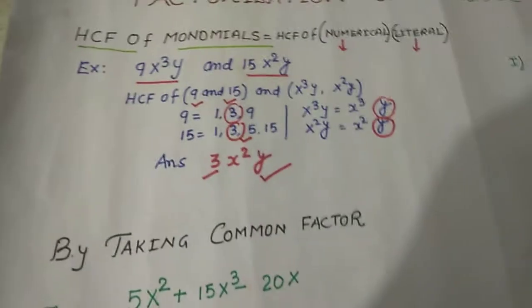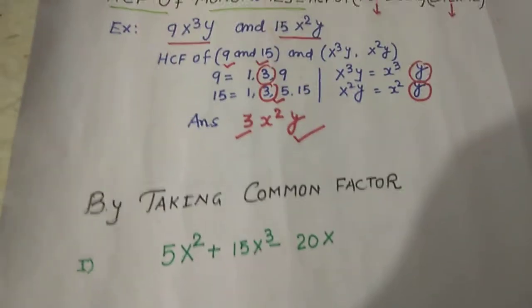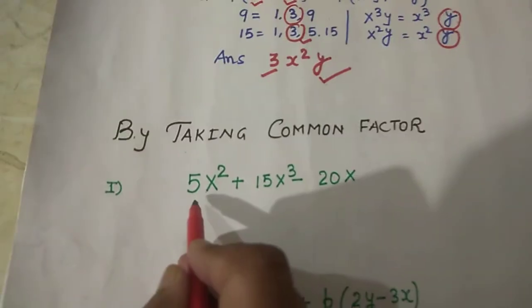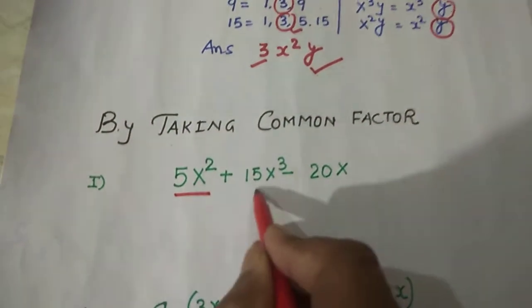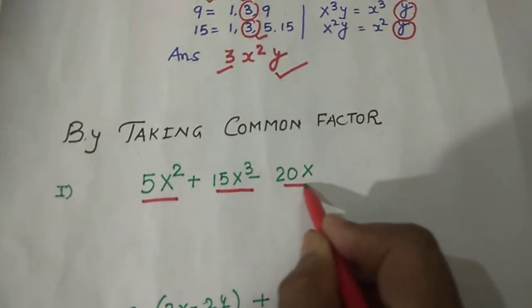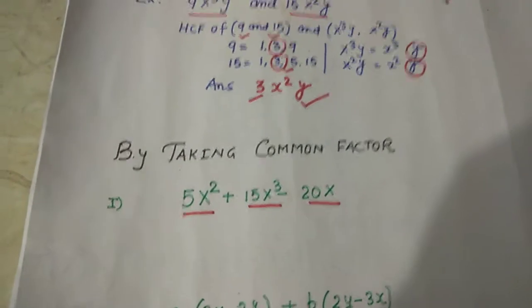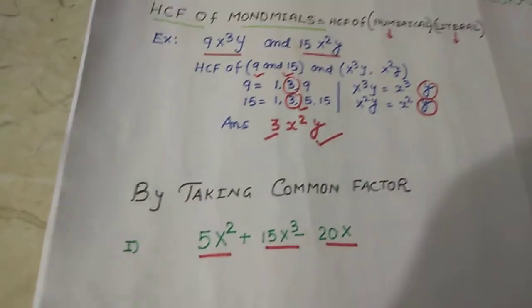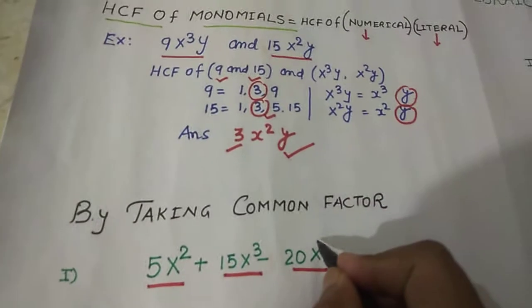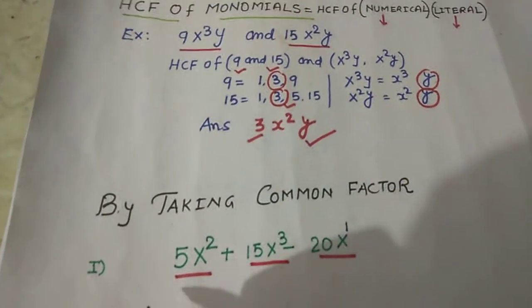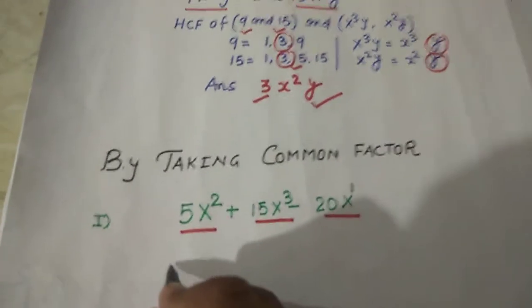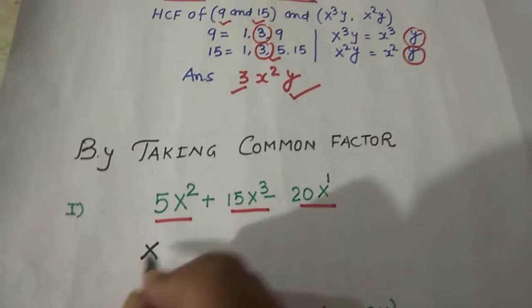Now, by taking a common factor, a very simple example: 5x square, 5x cube, 20x. Here you can see the least degree of x is 1, so you take x common, x to the power 1.